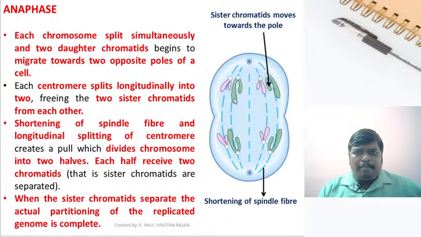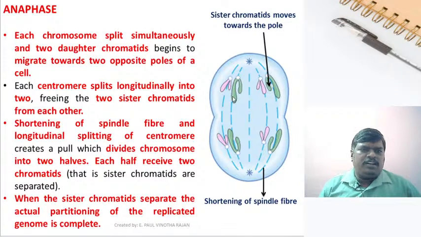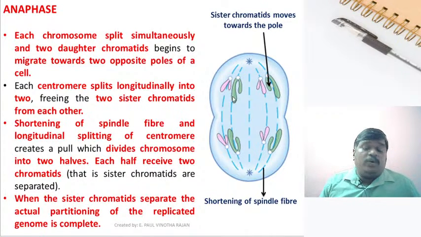During this time, what will happen? The center of the chromosome is called the centromere. The centromere splits longitudinally into two. One half of the centromere moves with one sister chromatid, and the other half with the other sister chromatid. Similarly, when they divide, the kinetochore also divides equally.